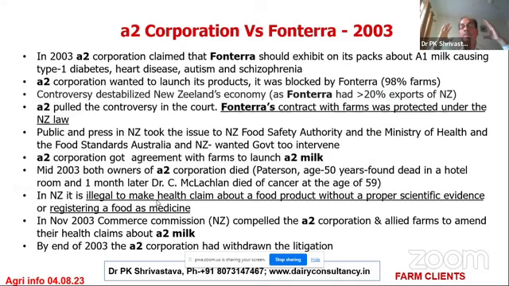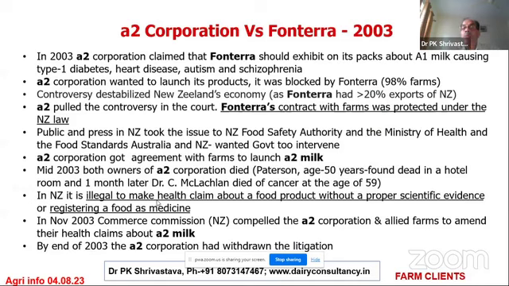If in India somebody says that Amul milk is not good, just imagine what will happen. It will be a bomb on everybody's head, which is not correct. And here also it was not 100% correct. It was partially correct probably, and I am also using a guarded word, partially correct probably by the A2 Corporation, that A1 milk causes certain diseases. We will discuss it further. So the A2 company pulled Fonterra to court.